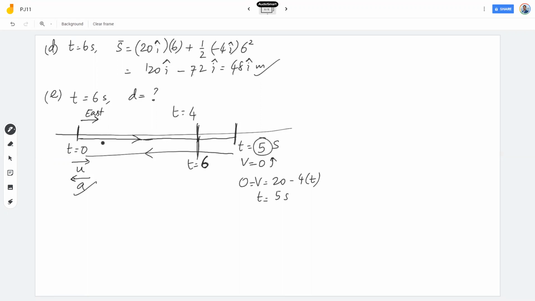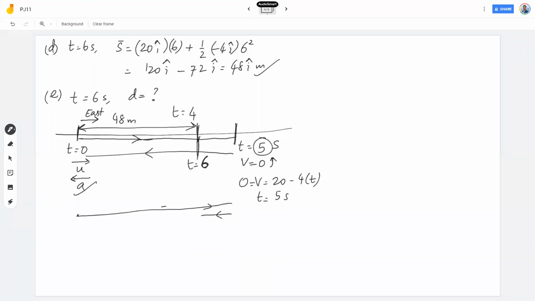That is why in question C and question D, you got the same answer, right? In question C, this was about 48 meters. In question D, the particle starts from here, goes all the way to here, and then moves 1 more second here.